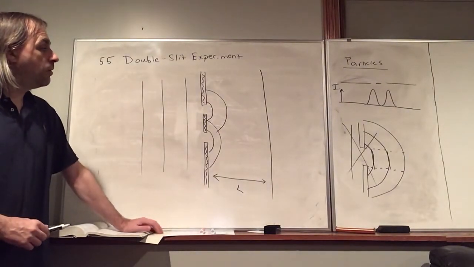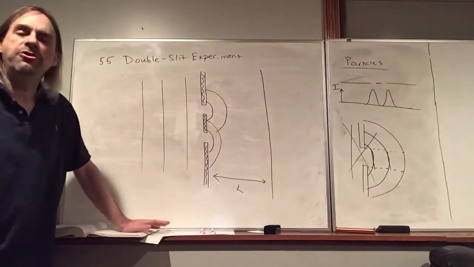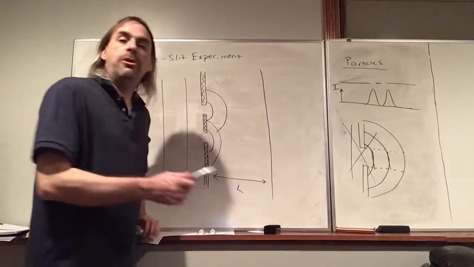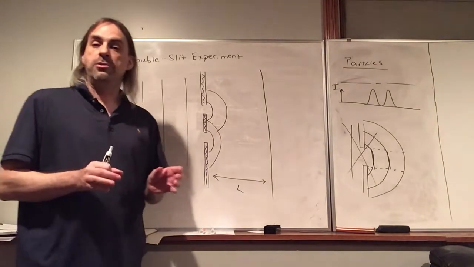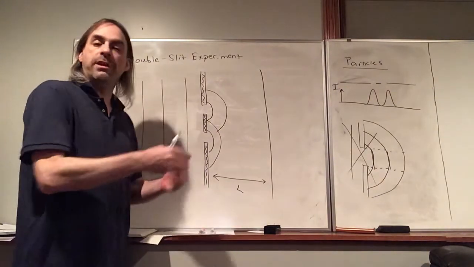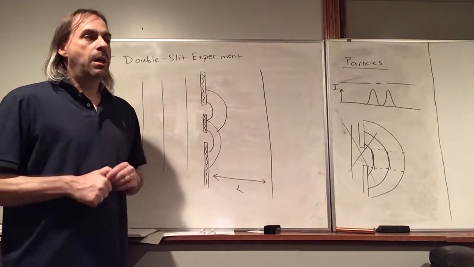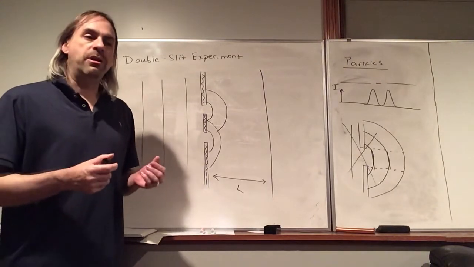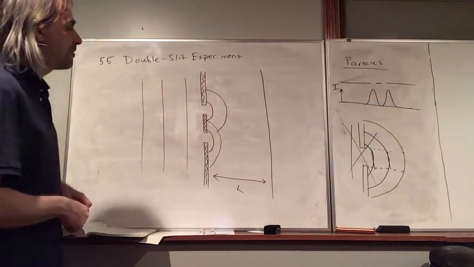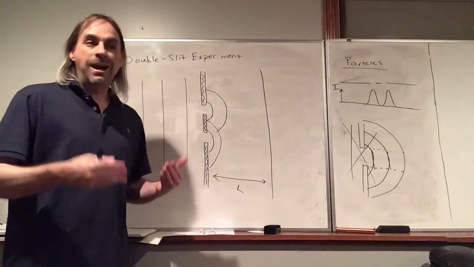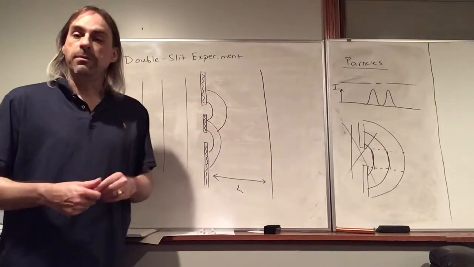Okay, now there's a few complications I don't want to get into here. But just like with sound waves, say you have two speakers producing sound waves, and you want to know what the interference is like, we usually consider waves that are in phase with each other. So say the two speakers are hooked up to the same power supply and they're oscillating in phase with each other.